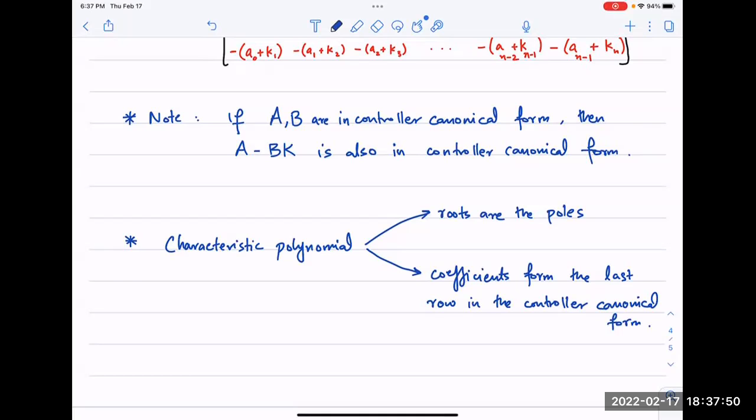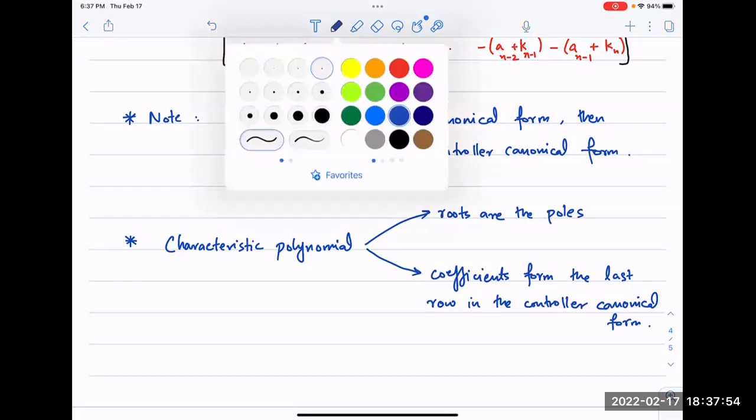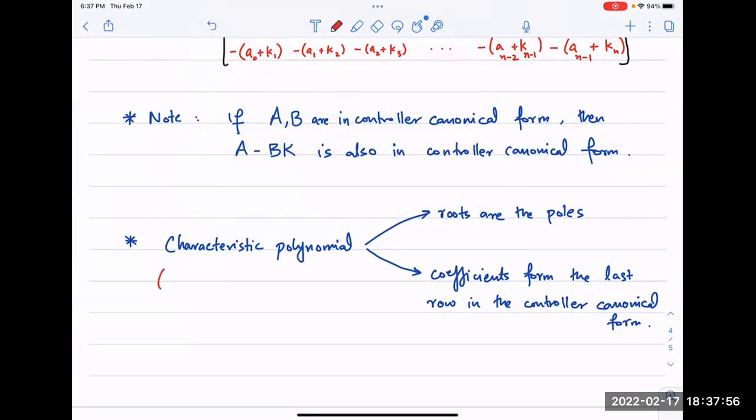Right, so the characteristic polynomial is, let's say, a n minus 1 s to the power n minus 1, plus so on, plus a1 s plus a0. That's the characteristic polynomial.